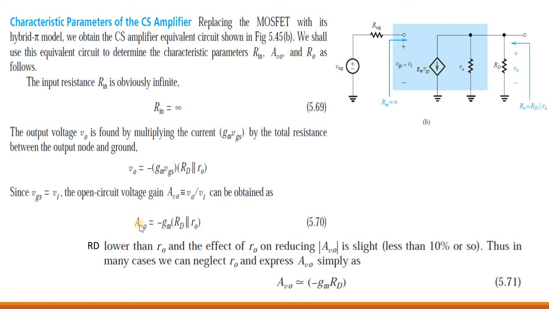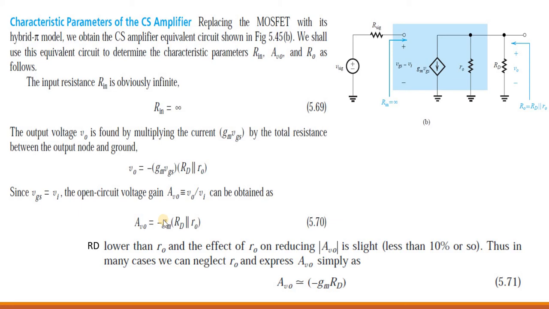Next is the open circuit voltage gain AV0. AV0 is nothing but minus gm into RD parallel to r0. From this output voltage equation itself we can obtain the open circuit voltage gain AV0 as V0 divided by Vi. Vi is nothing but the gate to source voltage VGS. The entire input voltage appears across this VGS, that is, Vi equals VGS here.